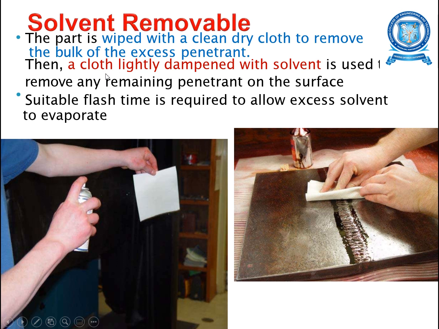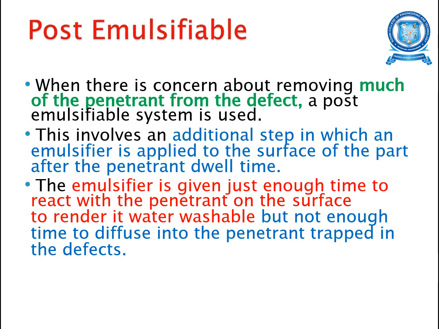And after that, a cloth lightly dampened with the solvent is used to remove any remaining penetrant on the surface. So suitable flash time may be required to allow excess solvent to evaporate. And the third is the post emulsifiable.